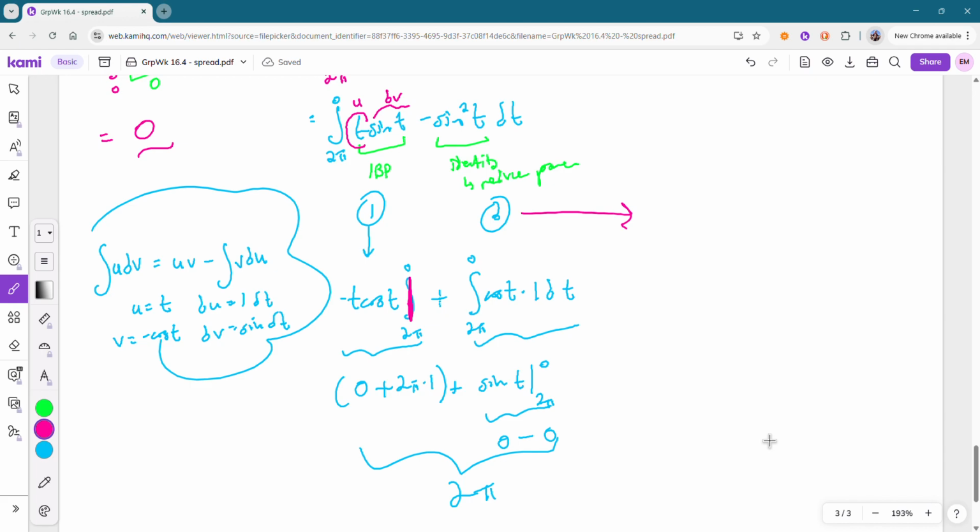And the second integral, which we will want to subtract because of the subtraction there, the relevant formula is sine squared t is 1/2 times 1 minus cosine 2t.